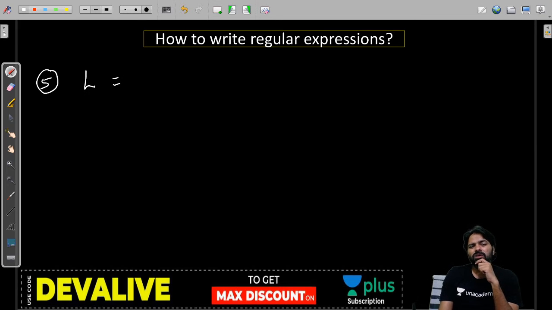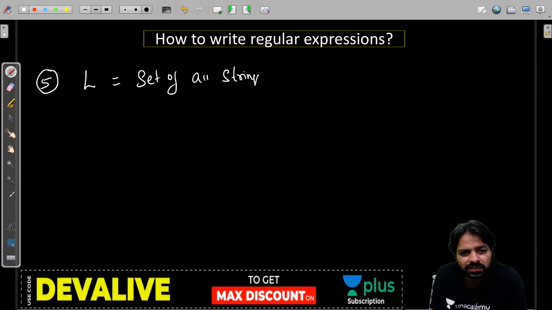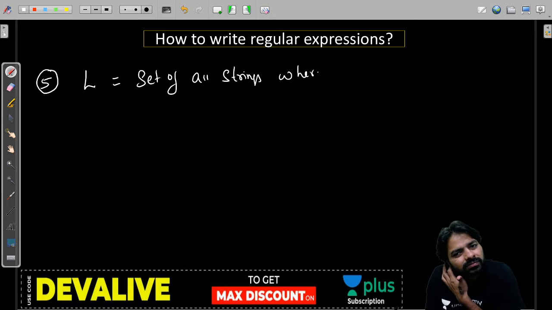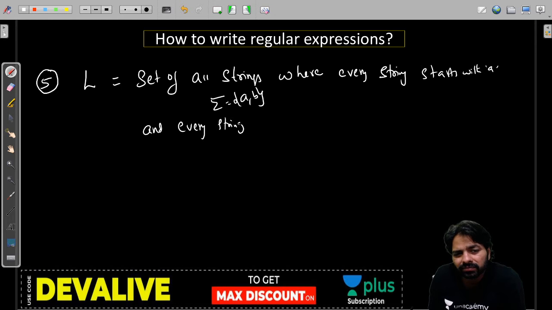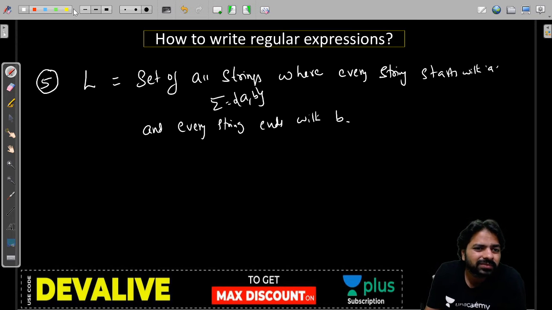L is equal to, I want to start with A and end with B. I want the set of all strings where, take sigma equal to A comma B, do not confuse at all, where every string I am talking about, not one or two strings, every string starts with A and every string ends with B. So how do you write the expression?